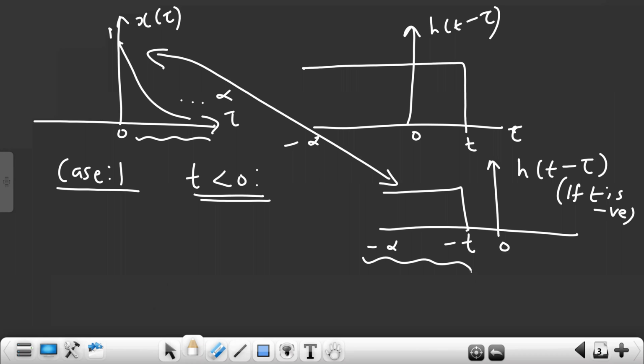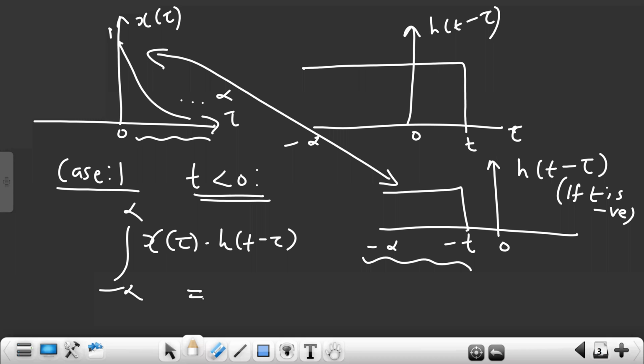So there is no common interval where both the signals exist. One is from 0 to infinity, the second one is from minus infinity to minus t. Obviously, there is no common time where both signals exist, which means that when you multiply x of tau and h of t minus tau from minus infinity to infinity, either one will be 0 during one duration or the other one will be 0 during the other interval.